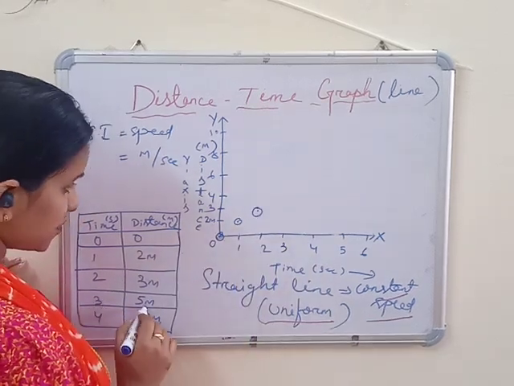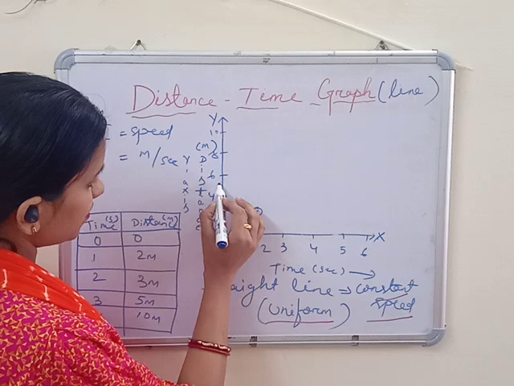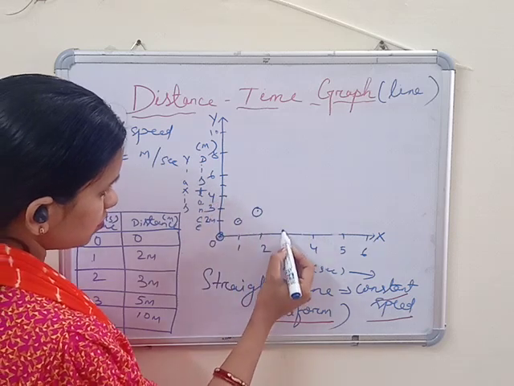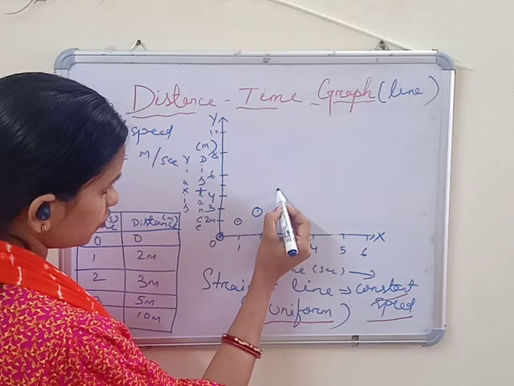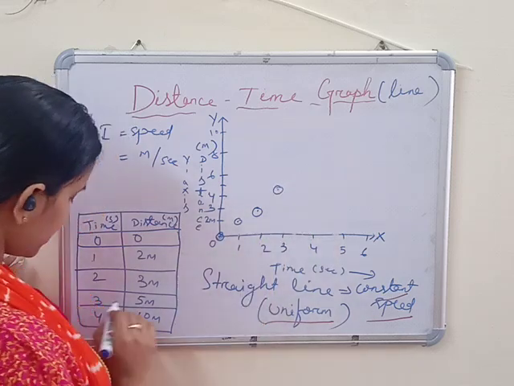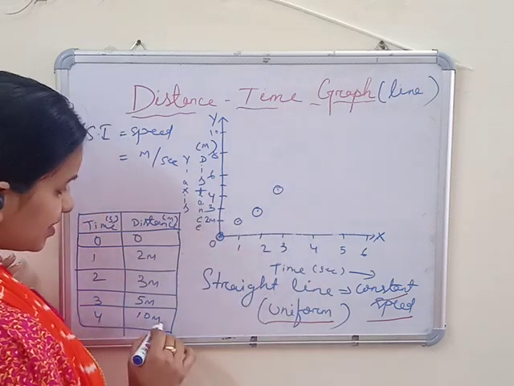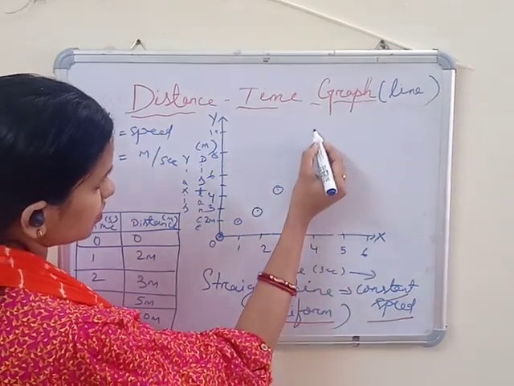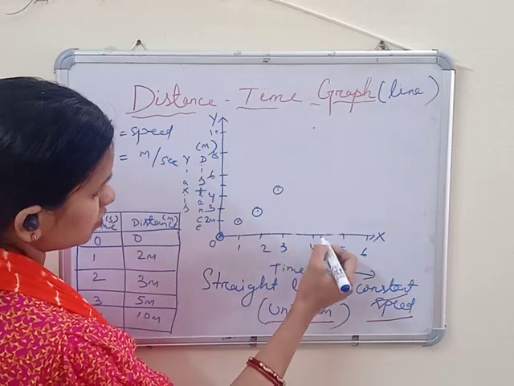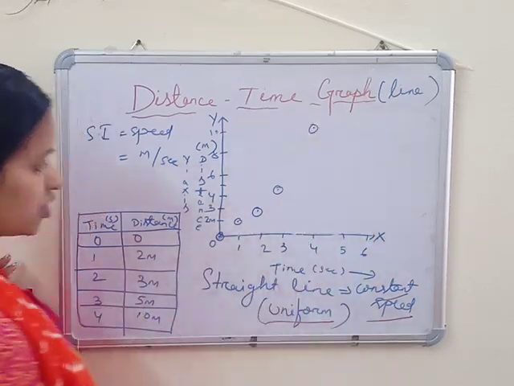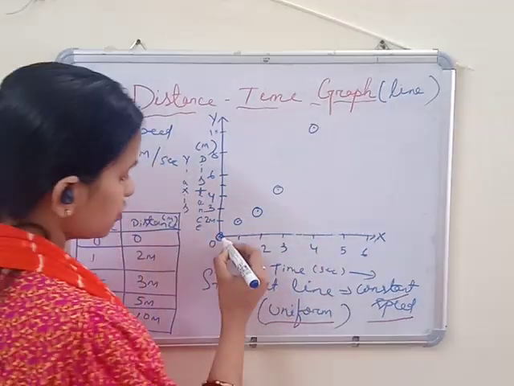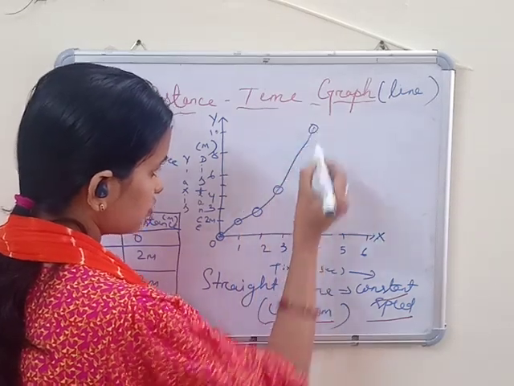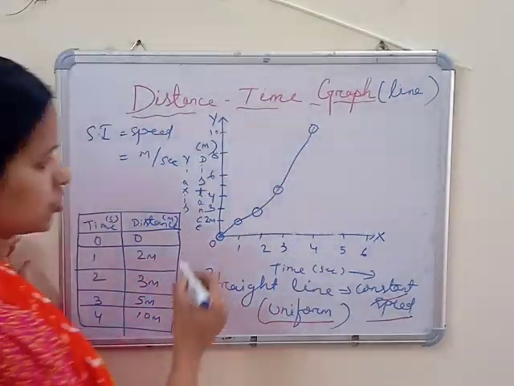For 3 second it becomes 5. So 5 is coming between 4 and 5. So here for 3 it becomes 5. Then for 4 second it is 10 meter. So for 4 it is here, 10 meter. Now join all the points, let's see. So join. So you can see it is not straight.